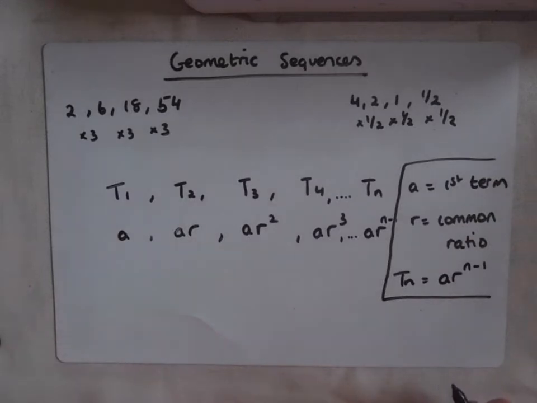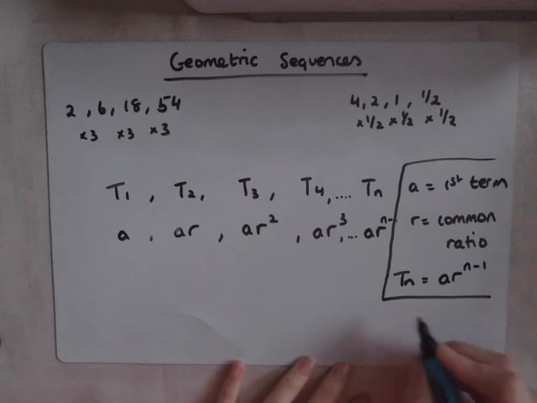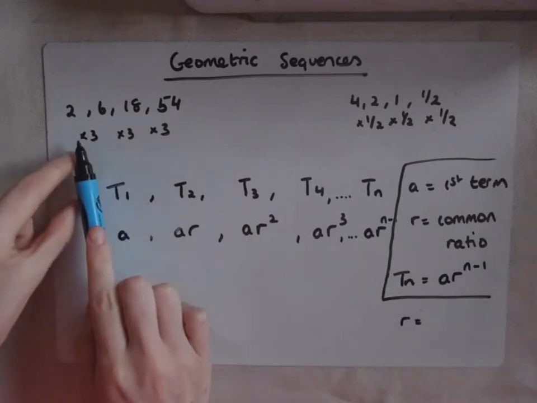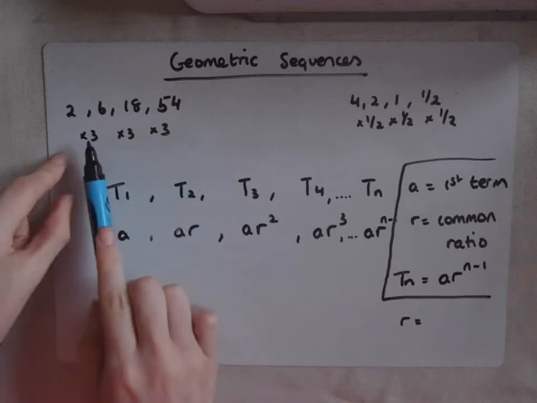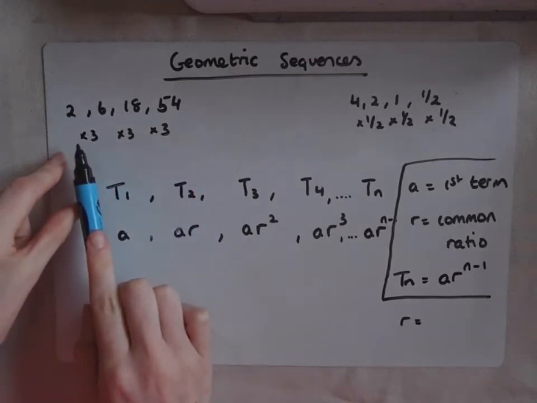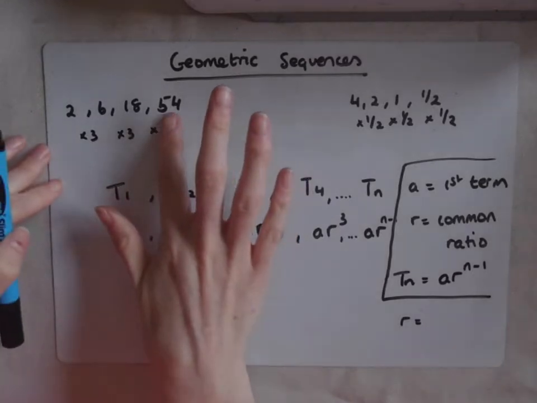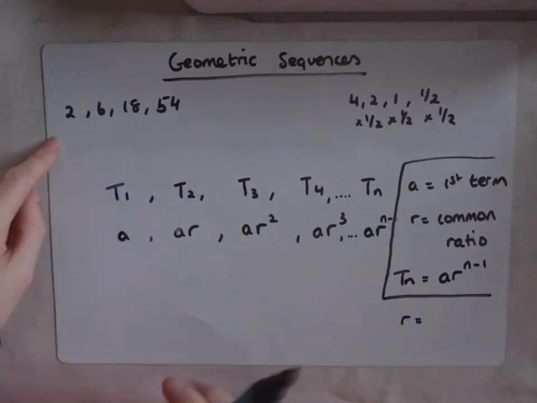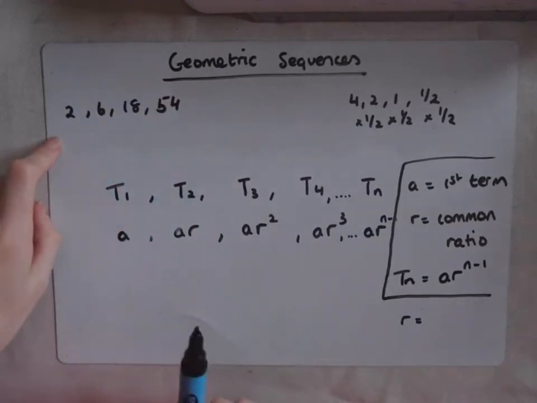Now, how do you get r? Let's go back up to this sequence of numbers. How do you think you'd get r? Okay, I know it's multiplied by 3, so r is 3. But what would I do with these to figure out what r is? Divide. Yeah, divide what?